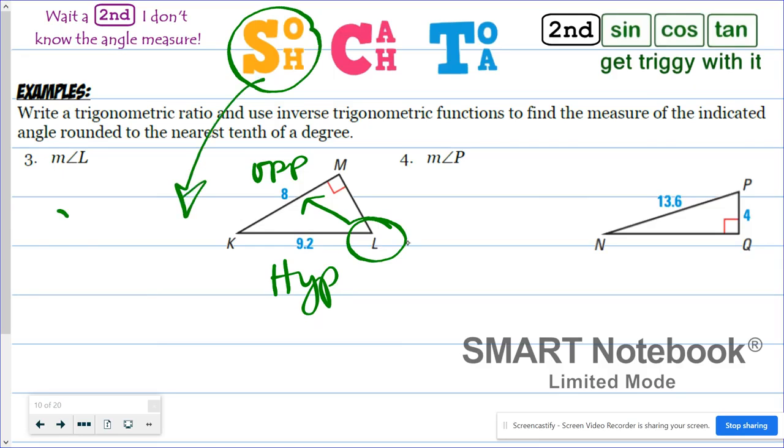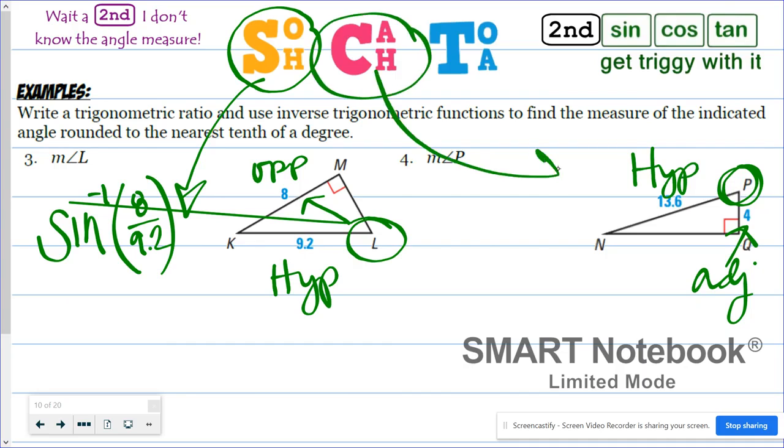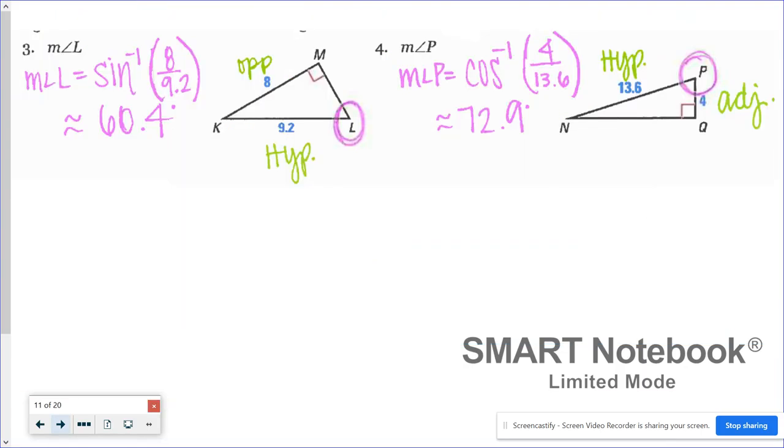So in number 3, I'm going to calculate the inverse sine of my ratio, the opposite over the hypotenuse. In problem 4, I want to find the measure of angle P. So what do I know? Well, I know the adjacent side and I know the hypotenuse. So that would be cosine, right? And so that's what I did in these two problems.